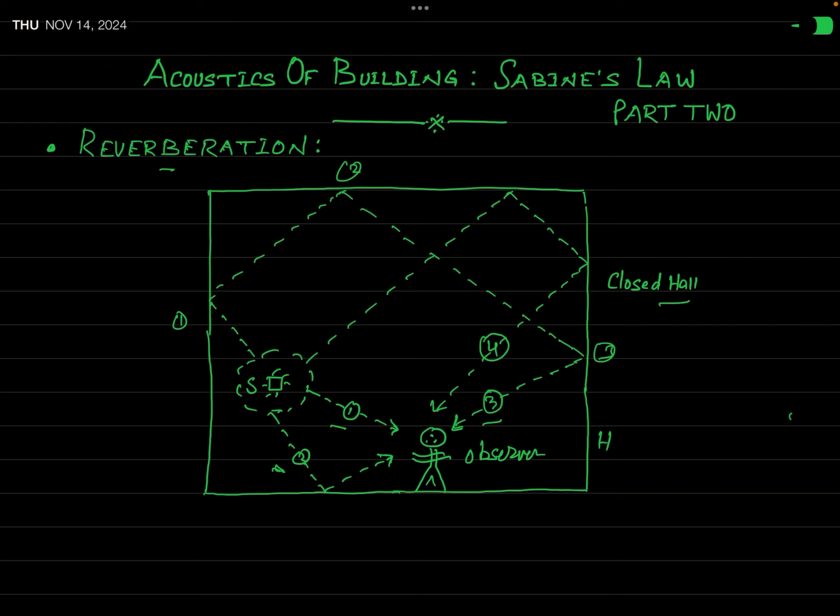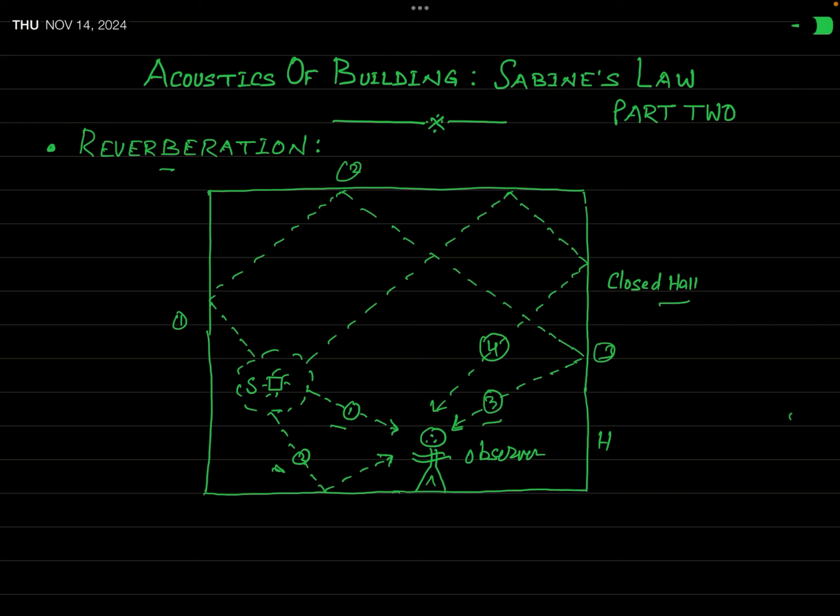But if the source is cut off, even after removal of the source, the observer still feels the intensity or energy of the sound wave. That is called persistence of hearing. This phenomenon of persistence of hearing is known as reverberation.